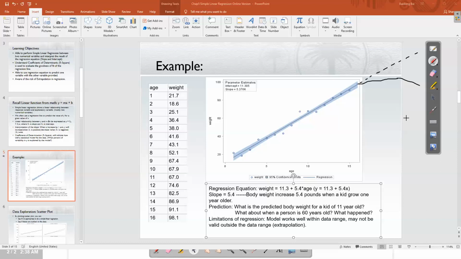So please be careful about extrapolation. It doesn't mean you can't do it, but anytime you make extrapolations, make sure the assumption is reasonable. Is it reasonable to assume the trend will continue outside of the data range where you're trying to predict, right? Okay.